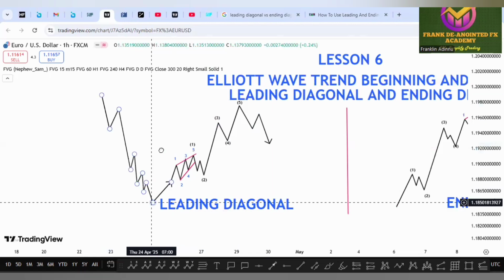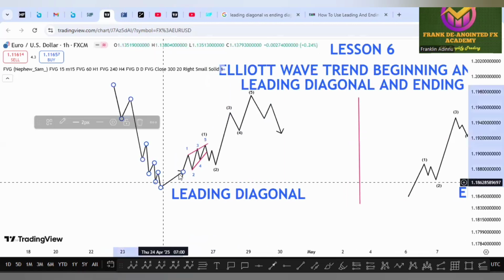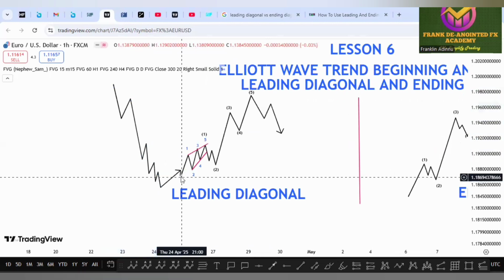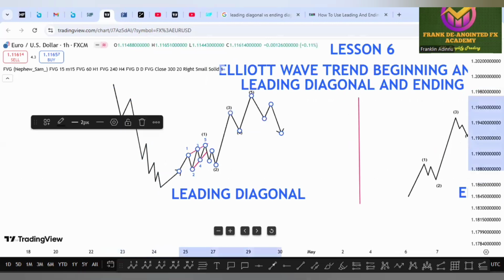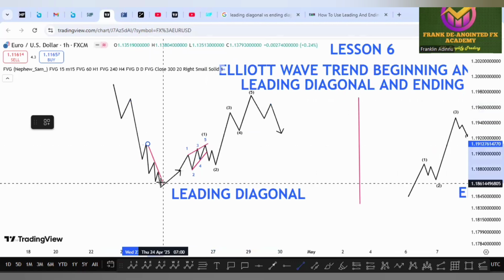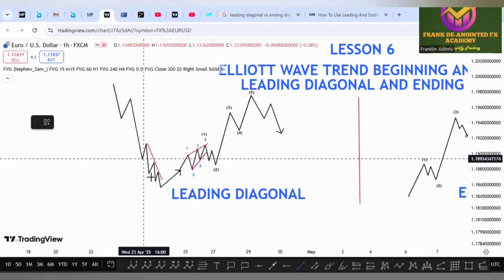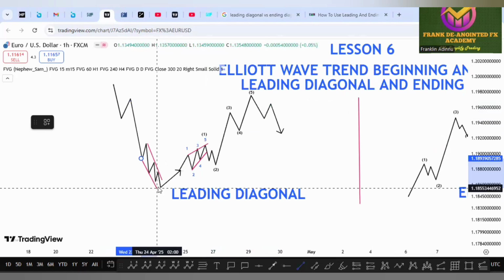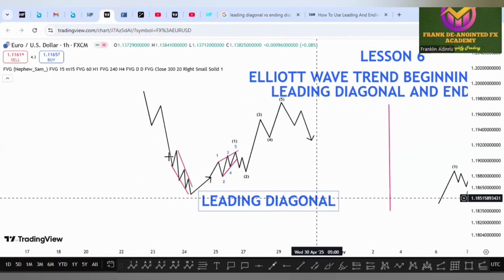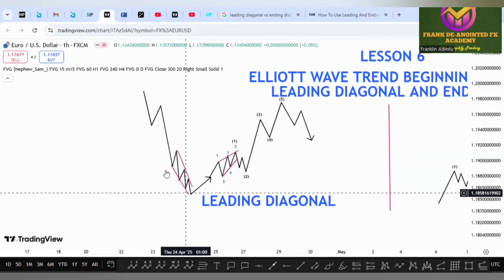So I want to show you something. Forget about my drawings. I want to show you how this leading and ending diagonal are related. If you see something like this, it means that this downtrend is ending.